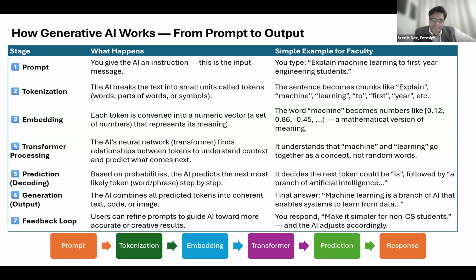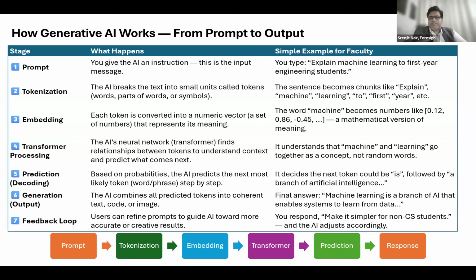And with that particular combination, the prediction happens, and a particular text or image is generated. Now when it's generated, you always have the option of giving feedback that X needs to change, or that X was what was expected or not expected, based on which the prompt goes in again: tokenization, embedding, prediction, everything happens.